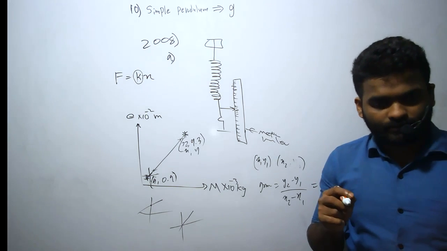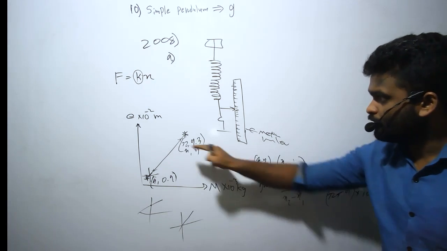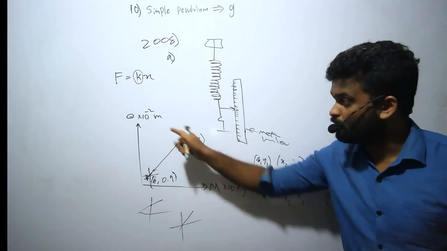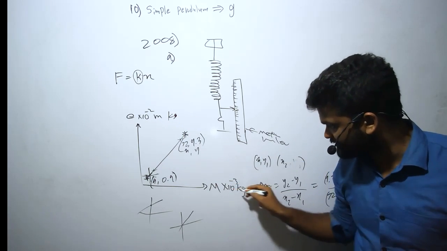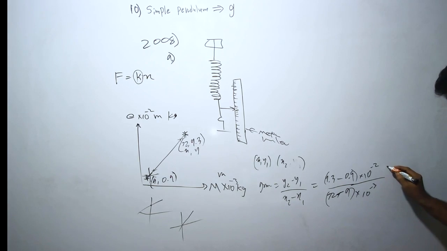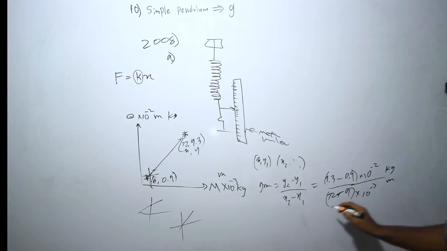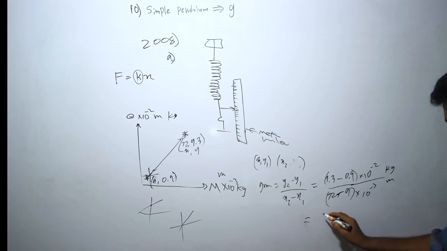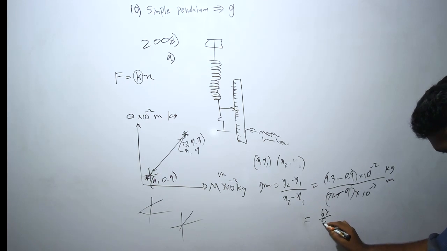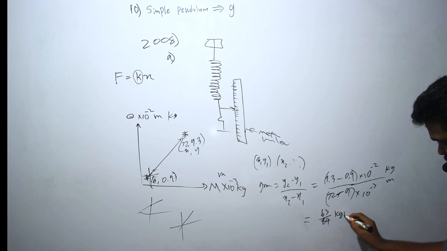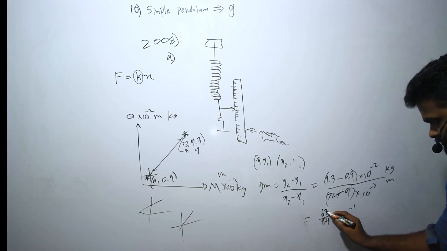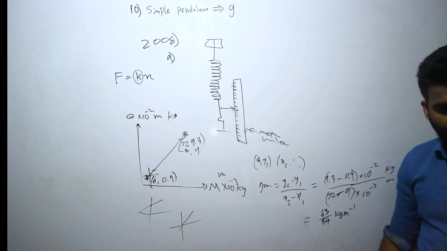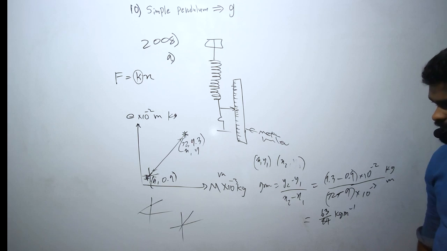So what is the unit of this? Y divided by x. Y is measured in kilograms, x is measured in meters. So you get the gradient as 63 divided by 84 kilograms per meter, right?